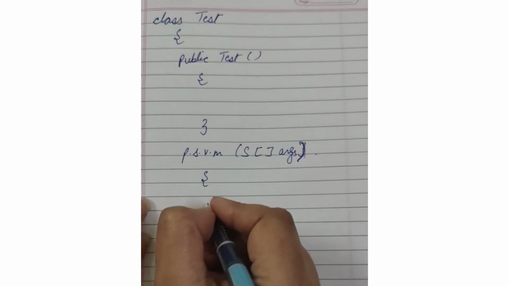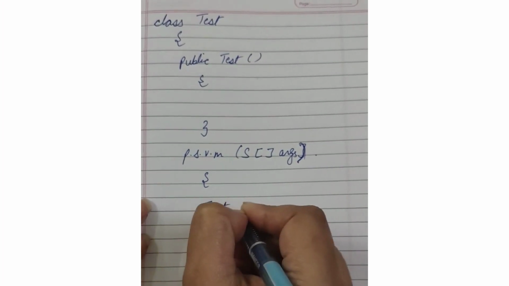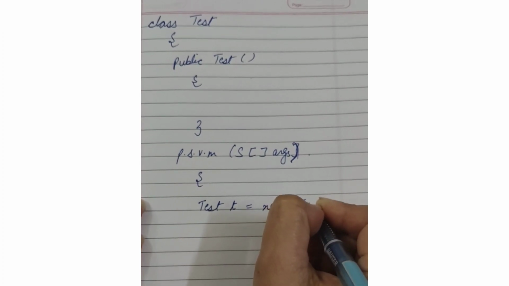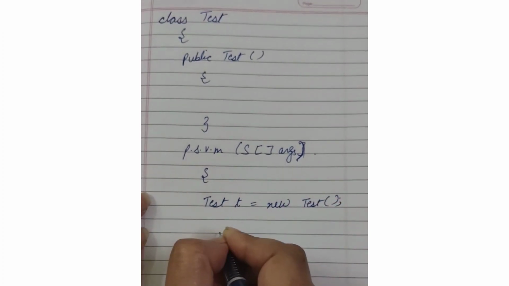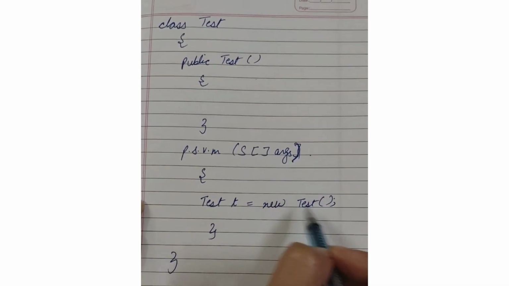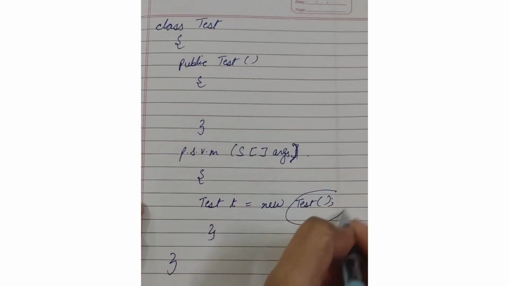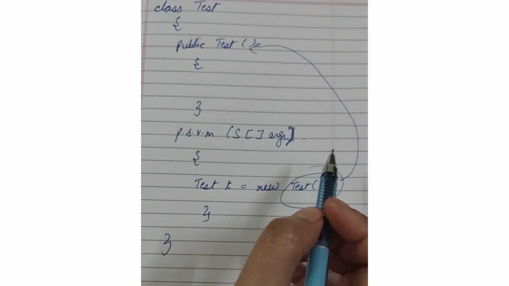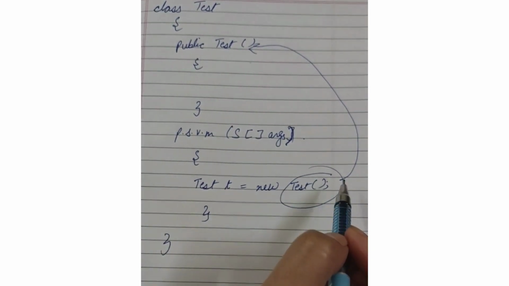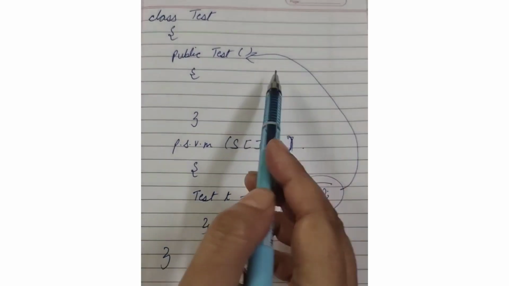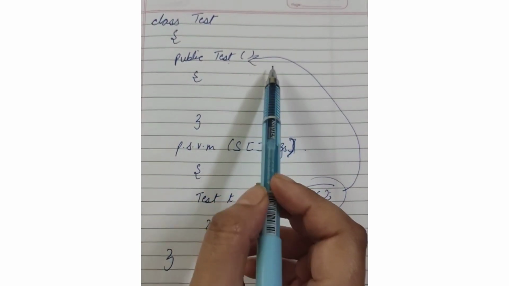Now here create an object, test T, new test. Now when this object is created, it will automatically call your constructor. Understood? That's why it executes automatically when we create an object. So when we create this object, your constructor is automatically called.